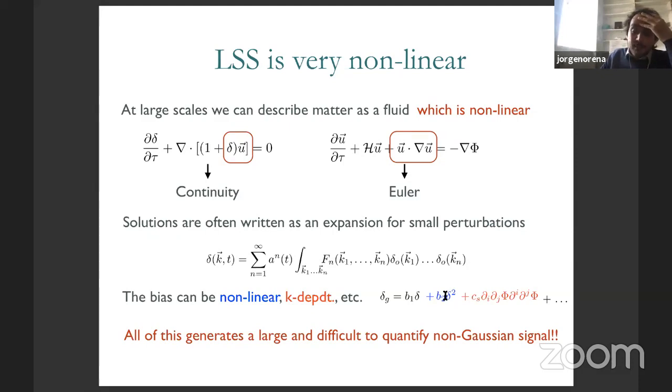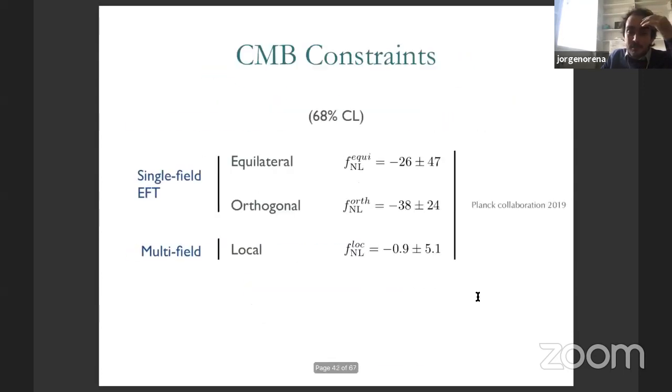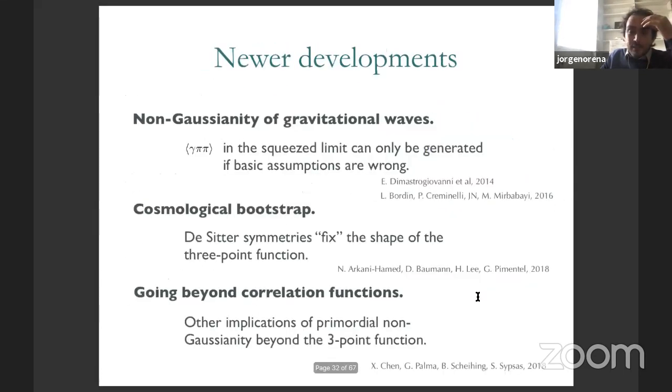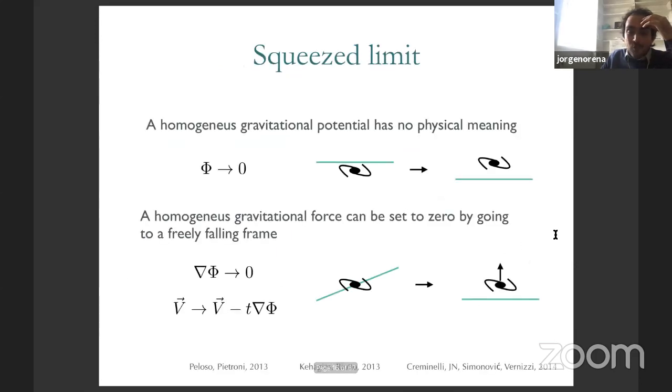However, these bias coefficients cannot affect the squeezed limit. These nonlinearities coming from the evolution of baryons, or the evolution of the large-scale structure, cannot affect a signal in the squeezed limit, which is the most interesting one. The argument is basically that no matter how complicated your galaxy formation, this correlation with the gravitational potential can only be primordial.